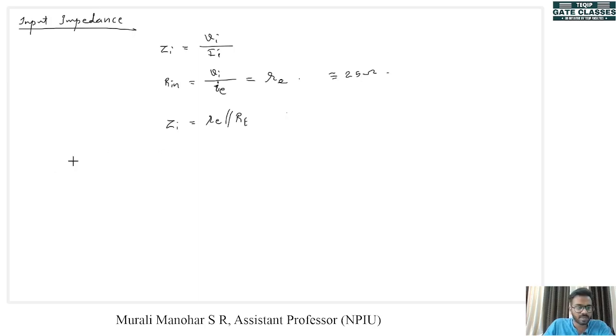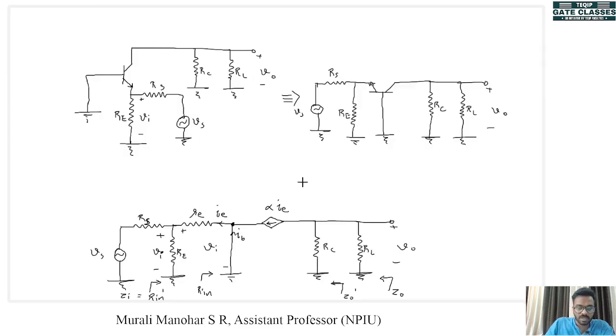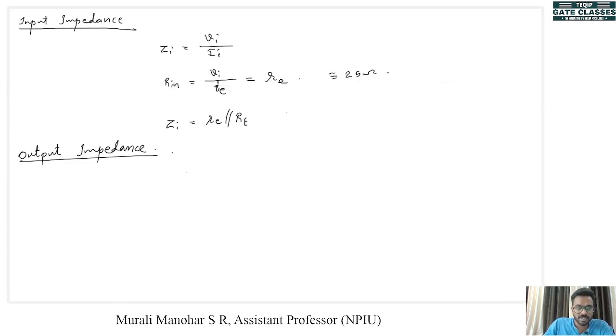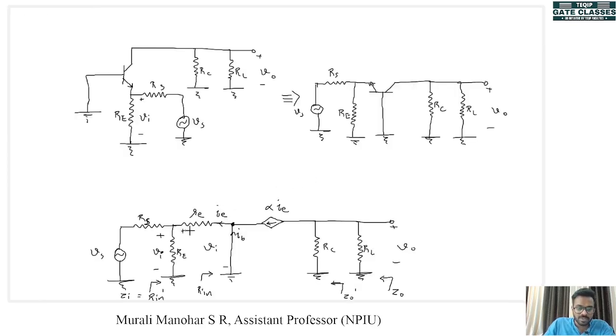Next thing is output impedance. We know that our input current is IE. Output impedance is V out divided by I out when the input equals 0. If there is no input, there is no IE.